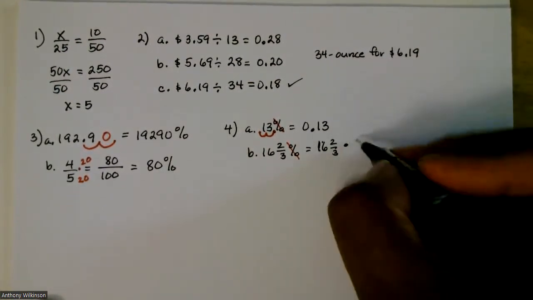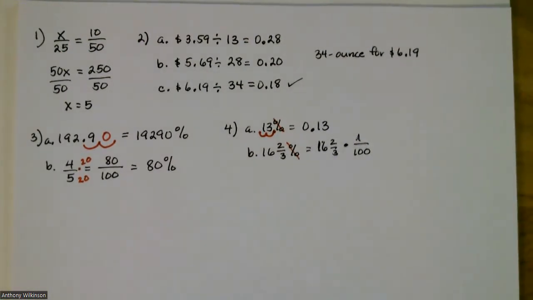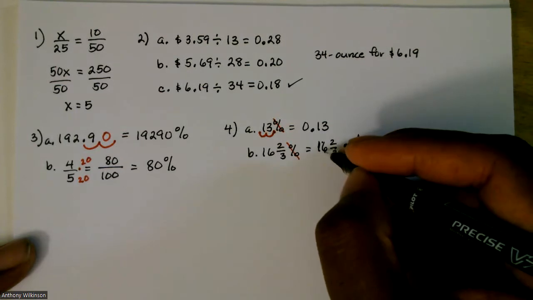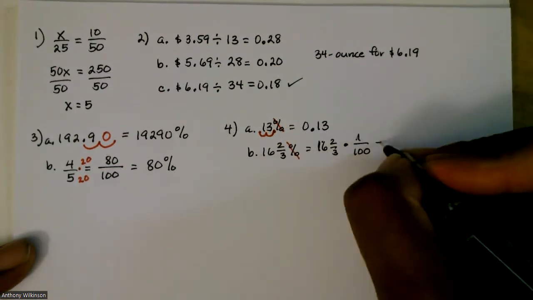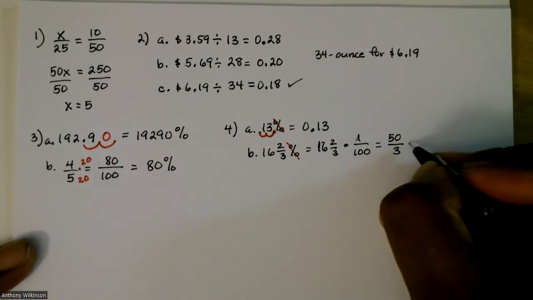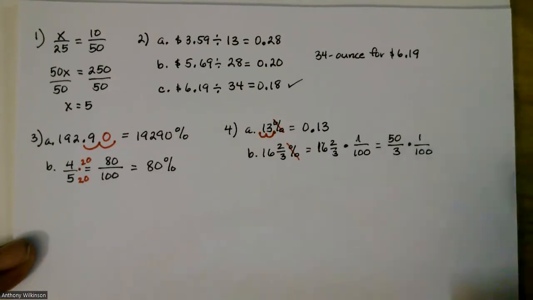But of course, the reciprocal of 100 will be 1 over 100. So I'm going to multiply 16 2/3 times 1 over 100, since I know percent means per 100. Now let's convert 16 2/3 to an improper fraction by doing 3 times 16, that's 48, plus 2, which is 50 over 3 times 1 over 100.